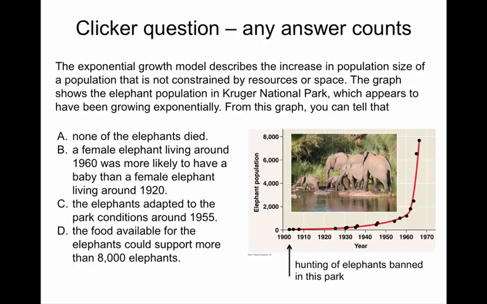Okay, welcome back. Hopefully, you picked D as the best answer for this particular clicker question. If, in fact, it is exponential growth rate, then there is no change in R. So that is why B would in fact not be the correct answer.